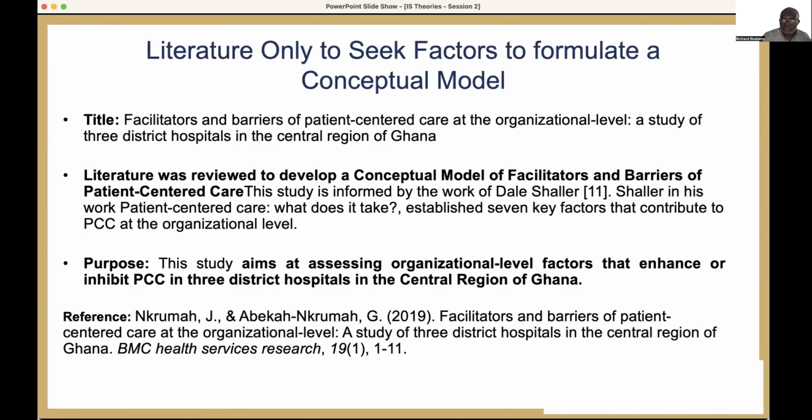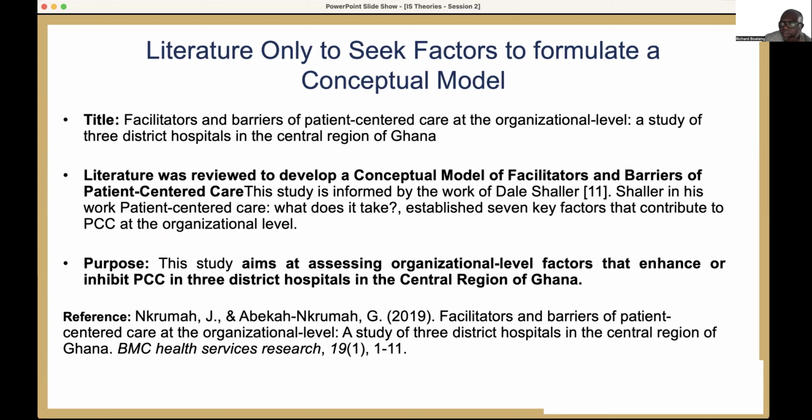Okay. So this is one from medical healthcare. Now this is about looking at factors, facilitators, and barriers of patient-centered care at the organizational level, a study of 3 district hospitals in Ghana. Now, the literature was reviewed to develop a conceptual model of facilitators and barriers of patient-centered care.